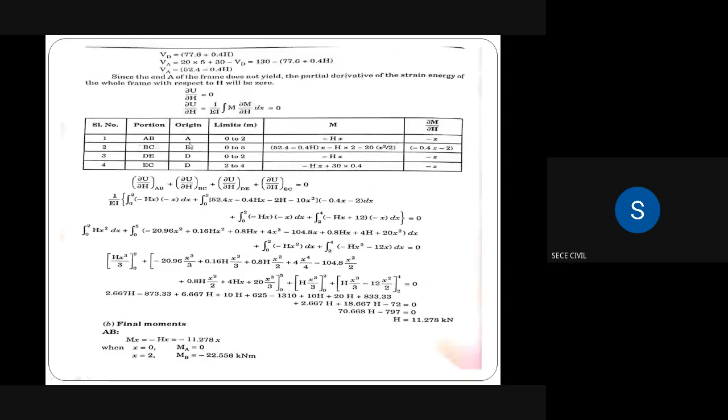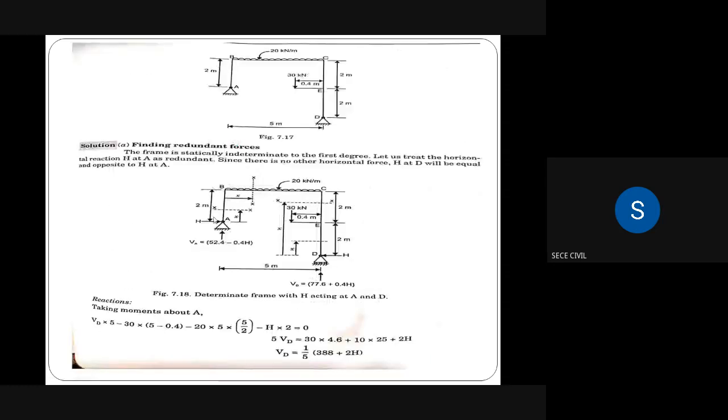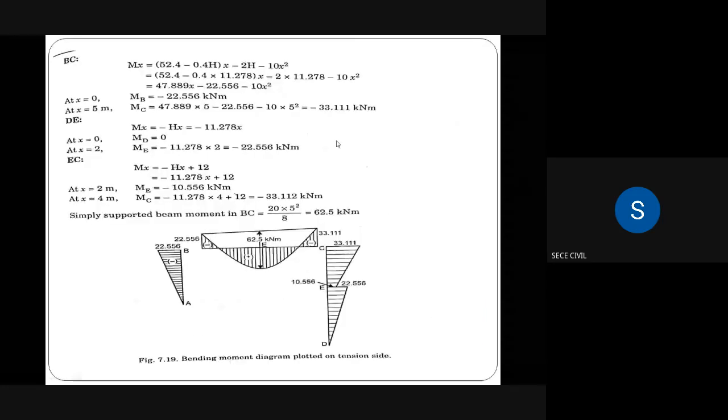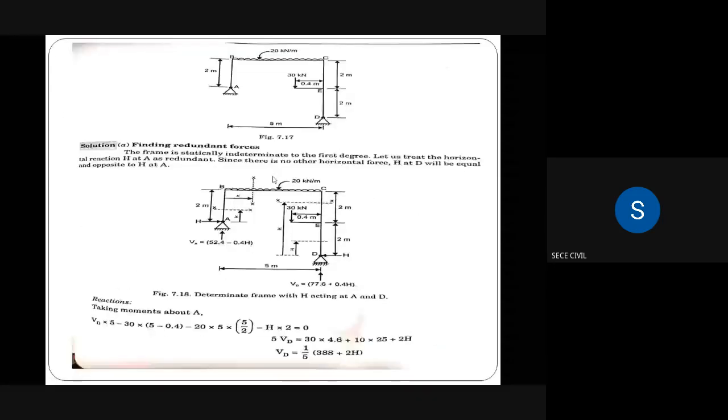The origin is A, and for portion AB the distance is 2 meters, so the limit is 0 to 2 meter. For this section we are considering the forces on the left side of the section. If we consider the left side, there are two forces, H and VA.